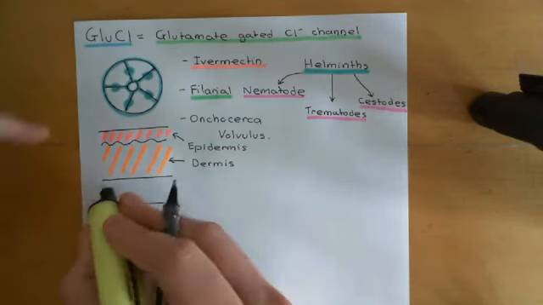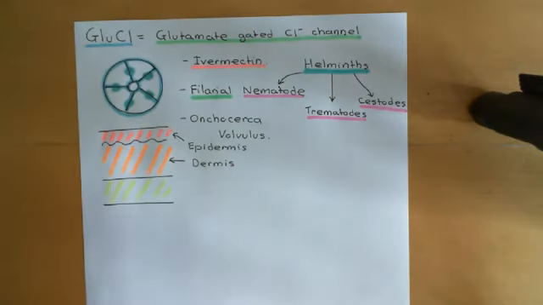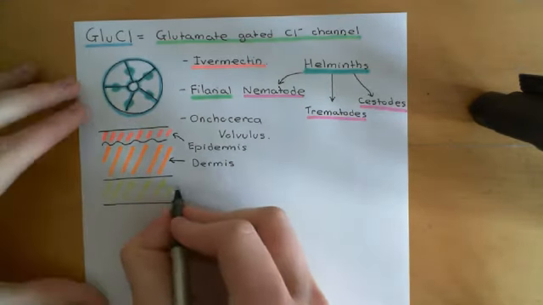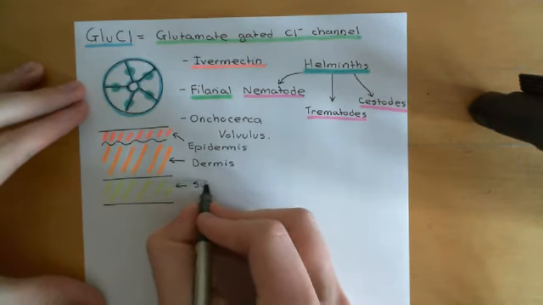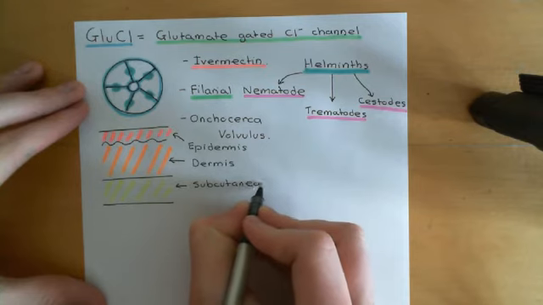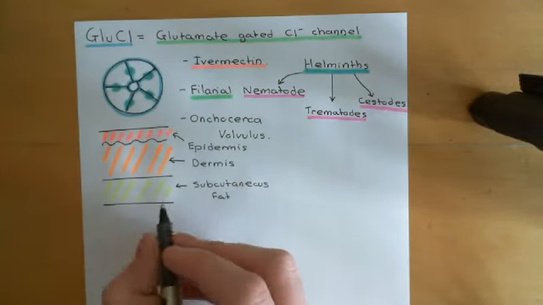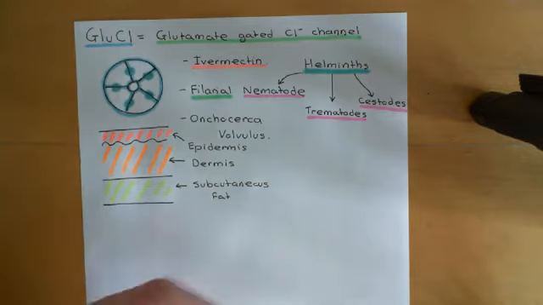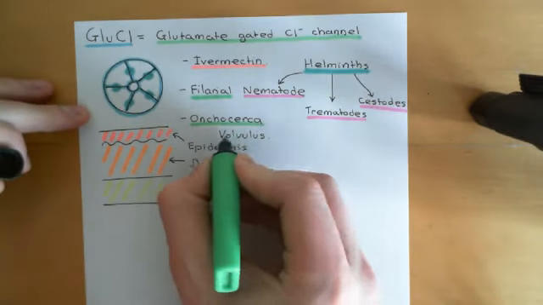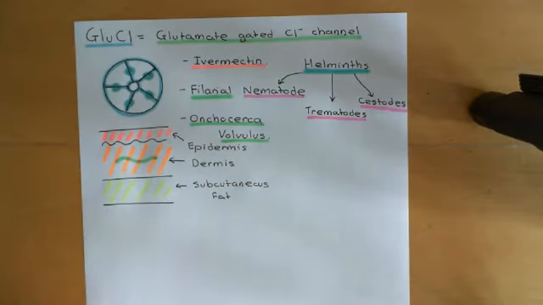And then underneath the dermis we have the subcutaneous fat layer, which contains adipocytes, basically. So this is the subcutaneous fat layer. Basically, Onchocerca volvulus can live within the dermis and the subcutaneous fat layer. It's a worm that lives in these layers, and I might just show it here. There it is as a worm.